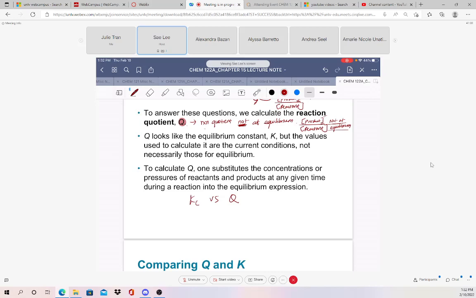K versus Q: the main difference is that K describes a reaction that is at equilibrium, while Q describes a reaction that is not at equilibrium. It can be either Qc, in terms of concentration, or Qp, in terms of pressure. The concentration or pressure of the reactants and products at any given time during a reaction is substituted into the equilibrium expression.